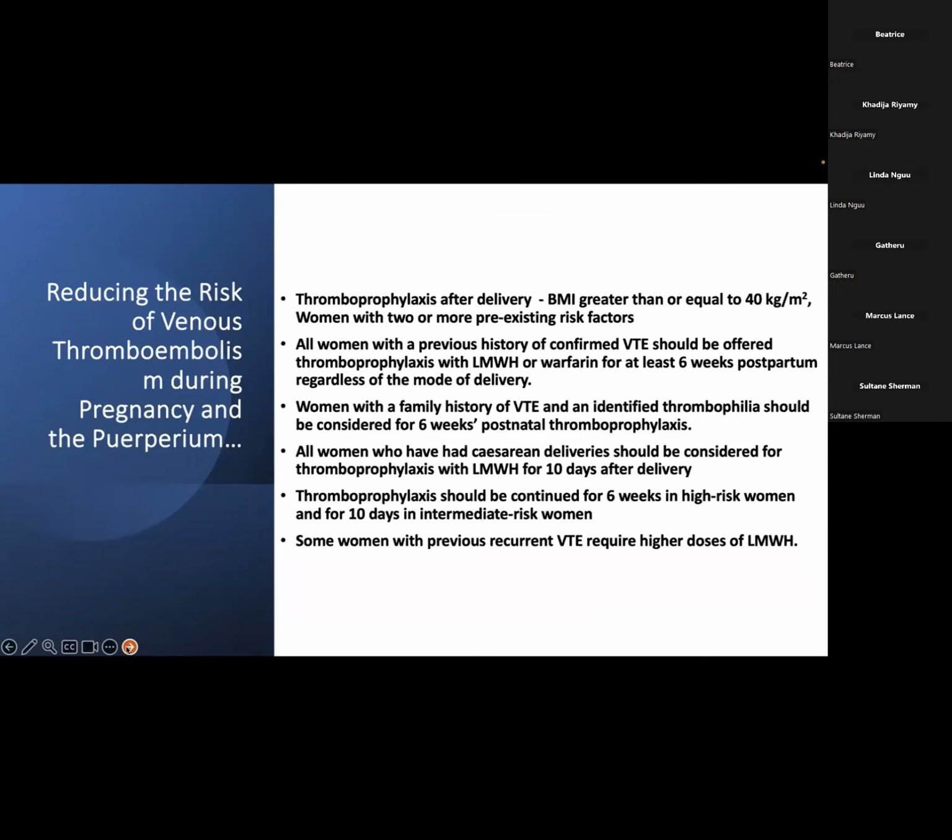Thromboprophylaxis after delivery, you should consider it necessary for your patients with a BMI greater than or equal to 40 kilograms per square meter.